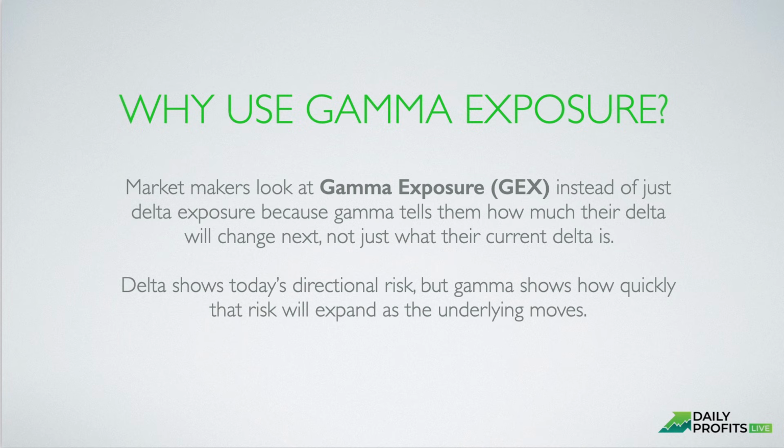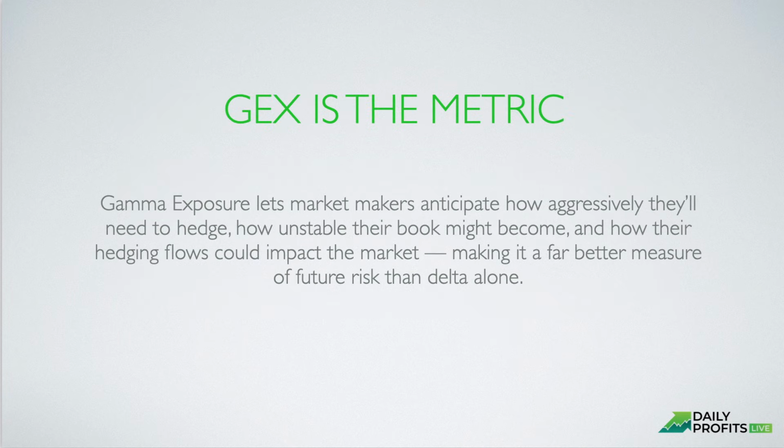So why do they use gamma exposure instead of delta exposure? Gamma tells them how much their delta will change, not what their current delta is. And that's more important, right? Delta shows the directional risk, but gamma shows how quickly that risk will expand as the underlying moves. And so market makers use gamma exposure to figure out how to hedge, right?